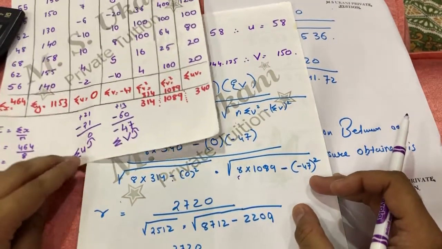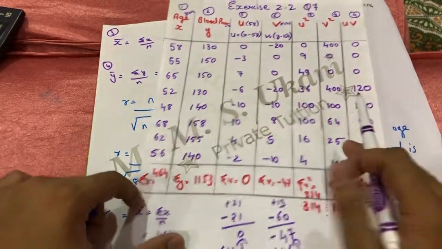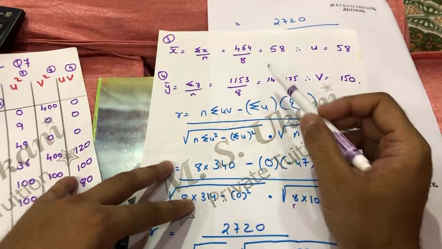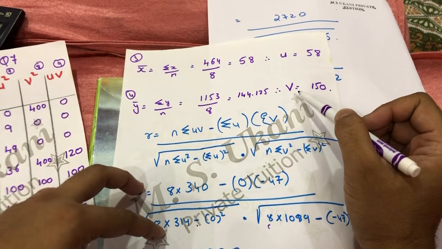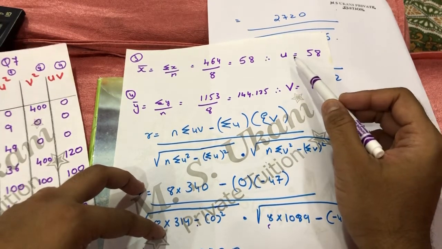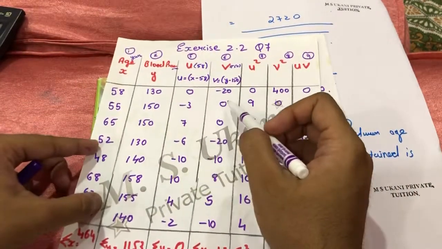So again I am repeating the sum. The first two columns had already been given. First of all you have to find the x bar and y bar. After finding x bar and y bar, first of all you have to decide u and v as per the explanation in this video. After assuming u and v, you have to prepare the columns u and v.